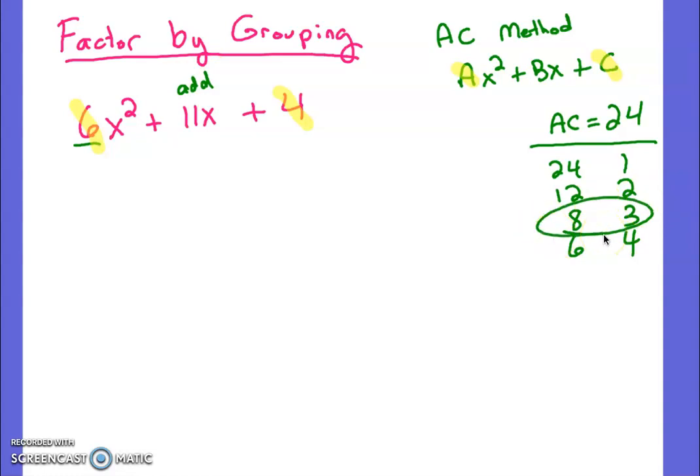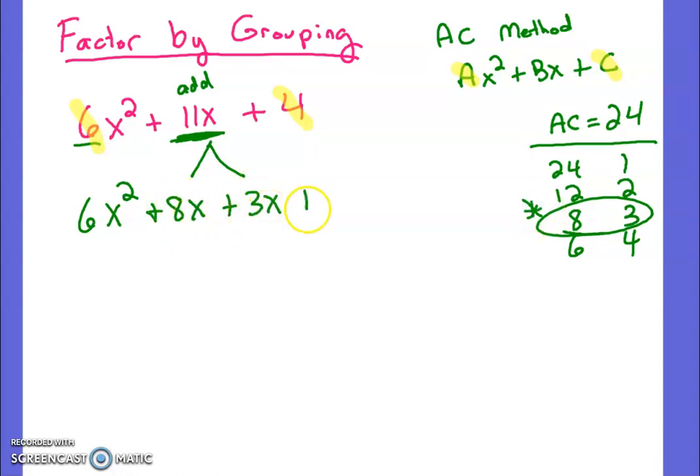So the 8 and the 3, we're going to rewrite this. But instead of writing the middle term, we're going to actually use these two numbers, 8x plus 3x. Notice 8x and 3x add together to be 11x. So we're not changing the problem.